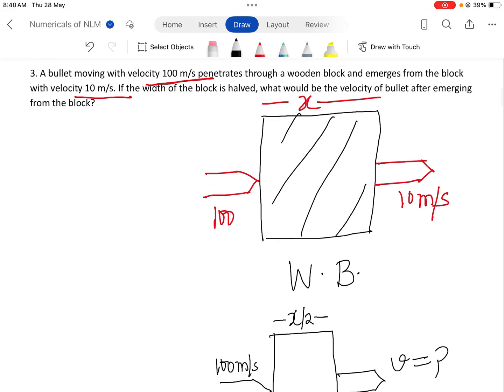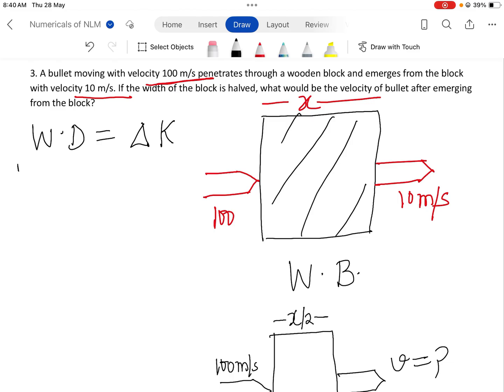Here we can do this question by using the work energy theorem, which you will study in the work energy power chapter and already studied in class 10th. What is the work energy theorem? Work done equals change in kinetic energy. Here work is done against the resistive force which is applied by the wooden block on the bullet.